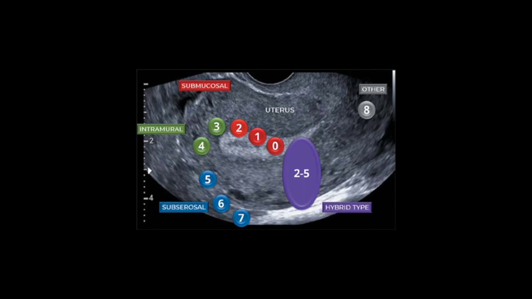The FIGO classification system helps organize fibroids by their appearance and location within the uterus. While the scope of this classification system is beyond the scope of this lecture, it does help to generally think about fibroids as being either submucosal, intramural, or subserosal in their largest 3 categories to help determine if they're contributing to symptoms such as vaginal bleeding or pelvic pain.